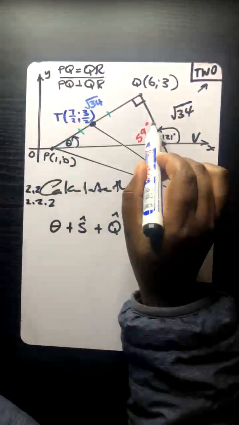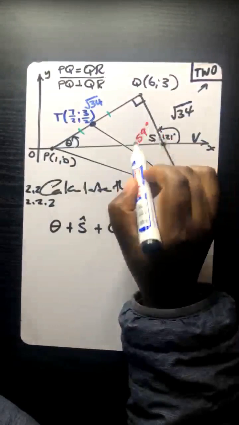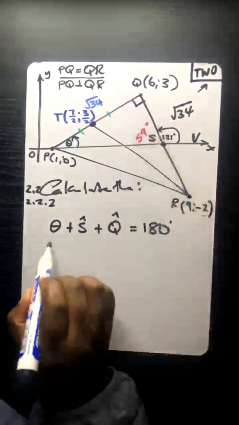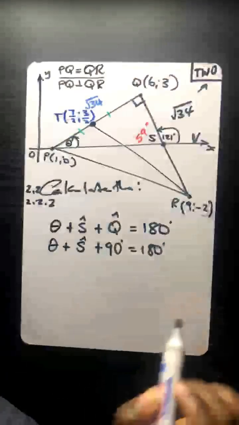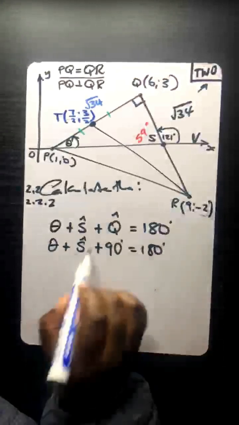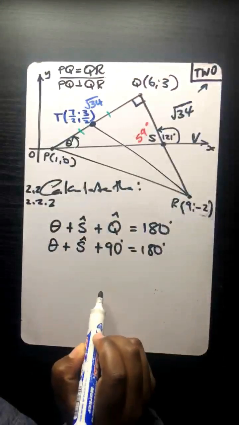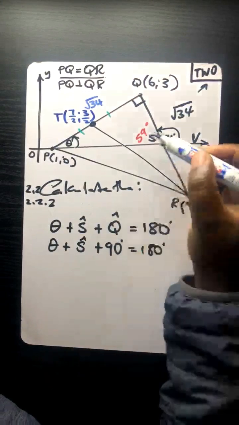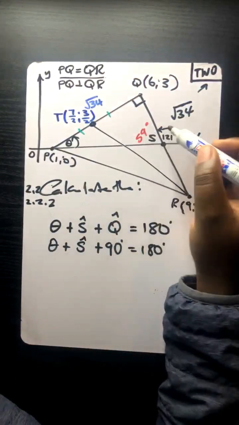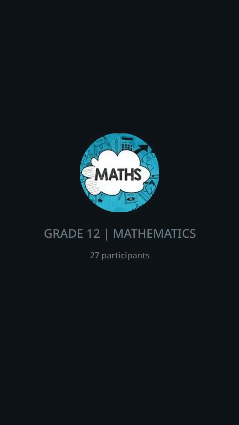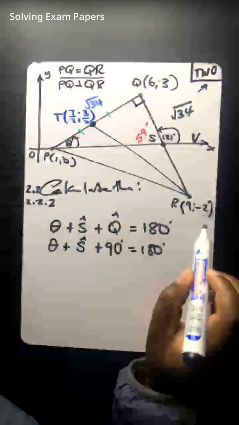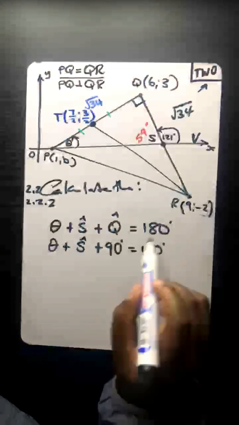Therefore, you are forced to find that angle, because angle S is what you don't know, but you do know very well that Q is equal to that. So you need to find S. Like here you're saying the sum of interior angles of a triangle equals 180 degrees.